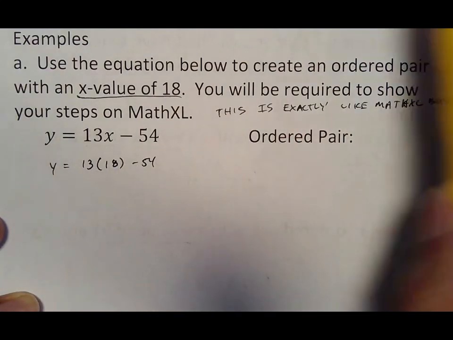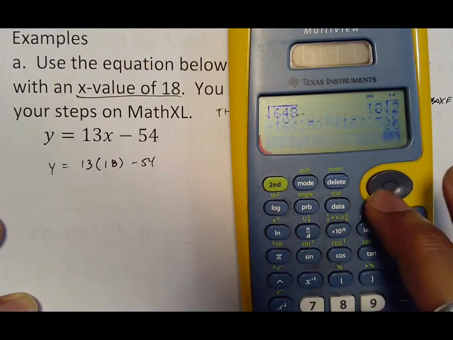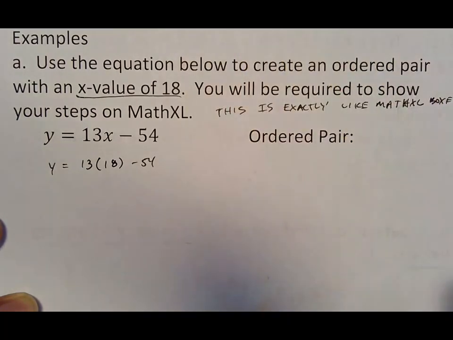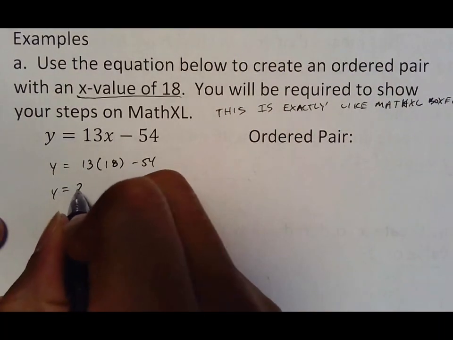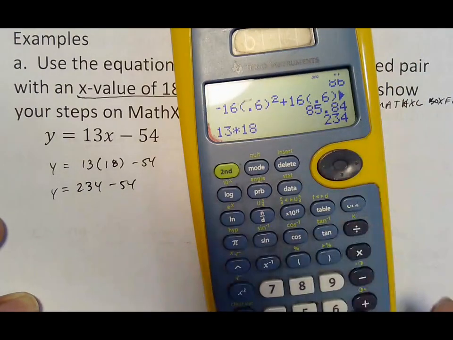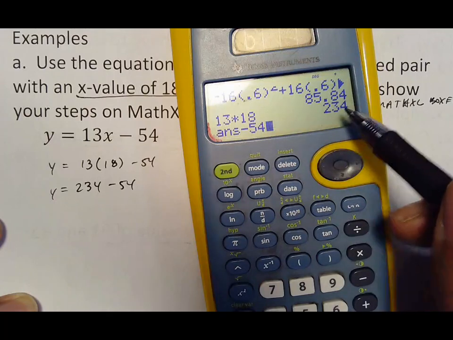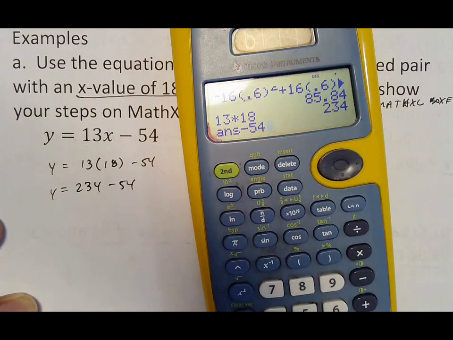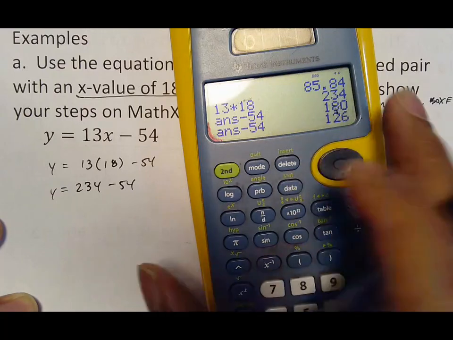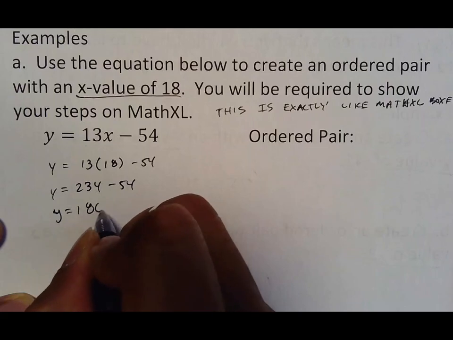Multiplication goes first, so we do 13 times 18, which gives me 234, so it'll be y equals 234 minus 54, and then you do 234 minus 54. Most calculators, you can usually hit minus and it will carry that answer over. It's not that answer, it's this one right here because I actually subtracted 54 twice. So it's y equals 180.